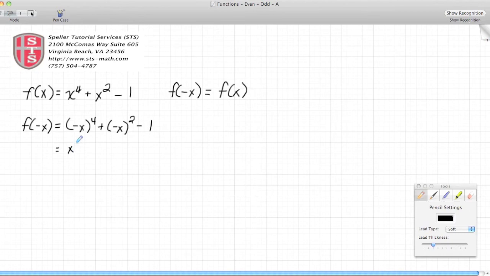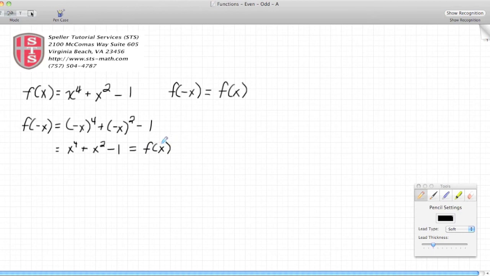So negative x raised to the fourth power is actually x to the fourth. And here I have negative x, the quantity, raised to the second power, and I know that's just going to become x squared. And I rewrite the end of it, minus 1. Nothing left to evaluate.